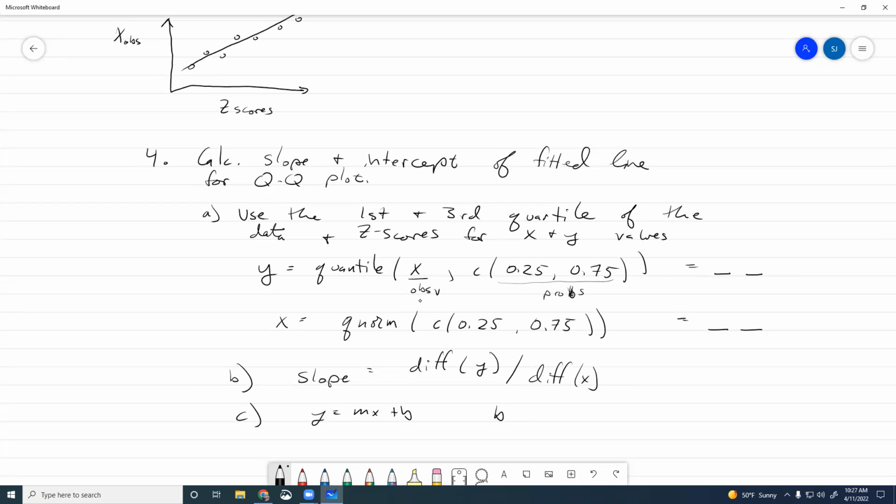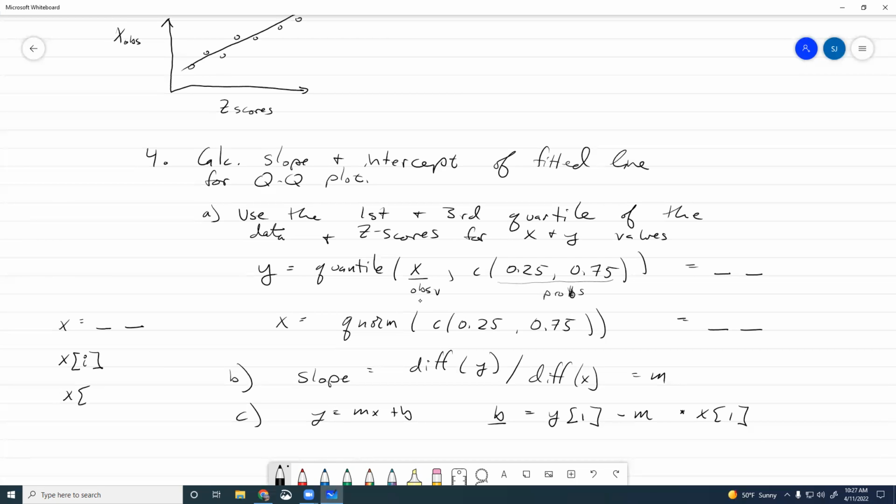where b is what we're trying to solve for, is just equal to the first y value minus the slope. So this is equal to m times the first x value. So the brackets, if we have a vector, and so x is a vector with 2 values, whenever we do the brackets, this tells us what index to choose from that vector.